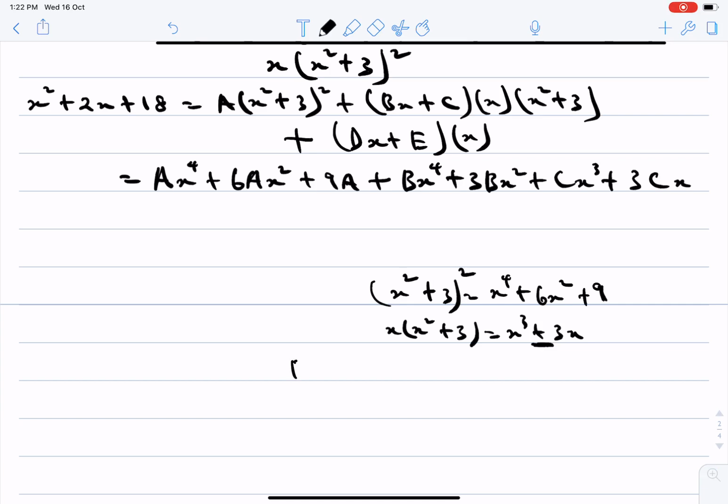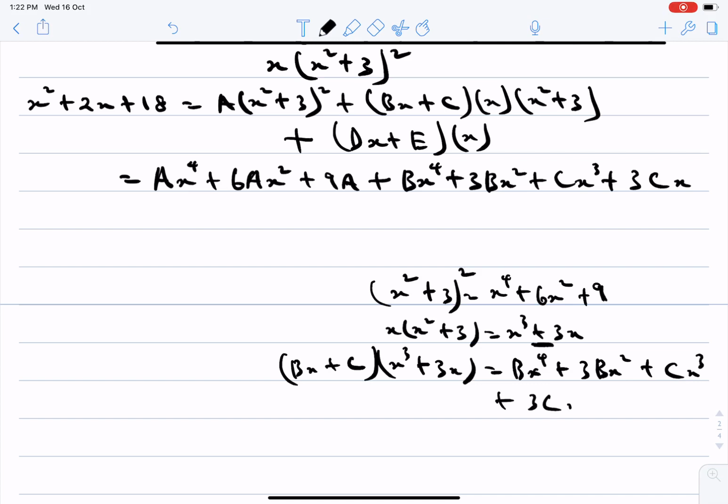Let me show what I did there. bx plus c times x cubed plus 3x is the same as bx raised to the power 4 plus 3bx squared plus cx cubed plus 3cx. And that's it.